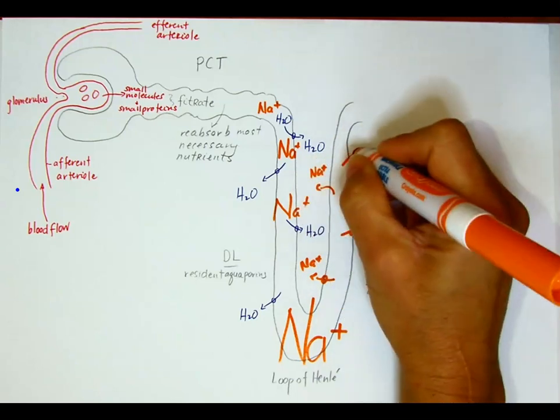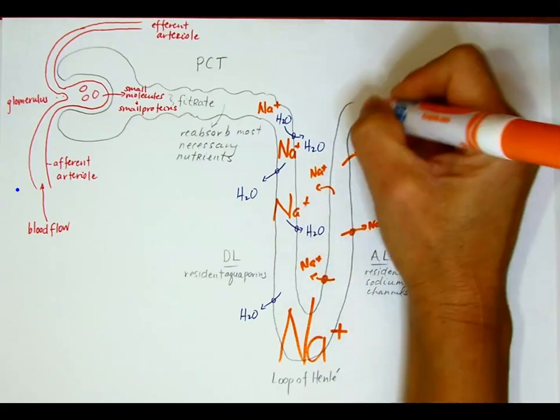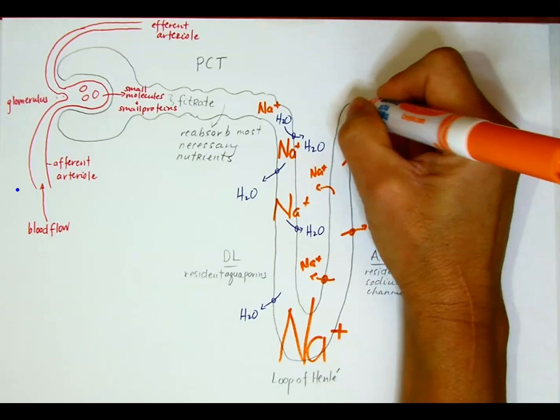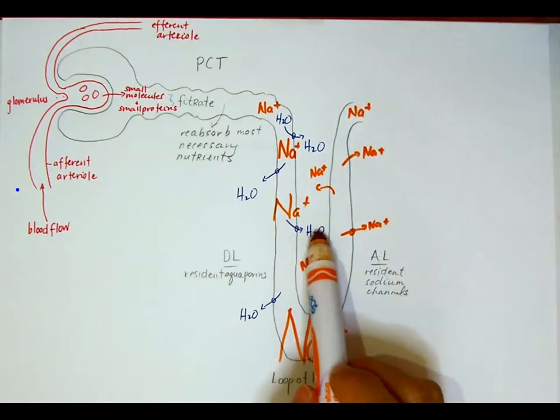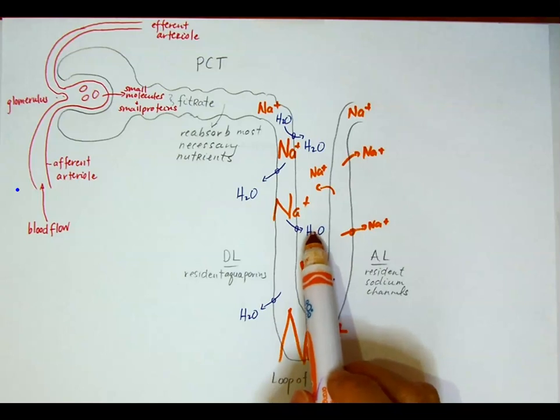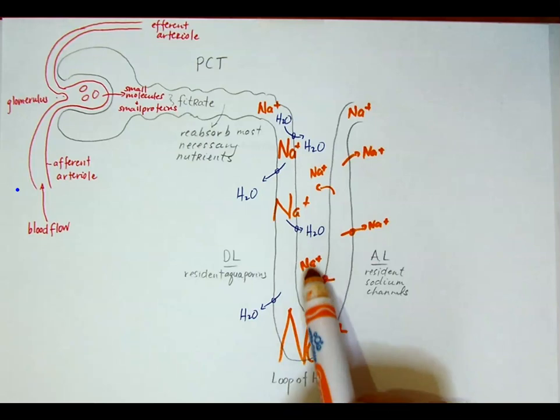Okay, so I want to show you folks something. Now, water moves down its concentration gradient. You folks also know from our osmosis lab that solutes pull water, aka solutes suck.